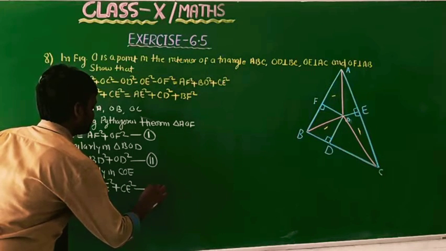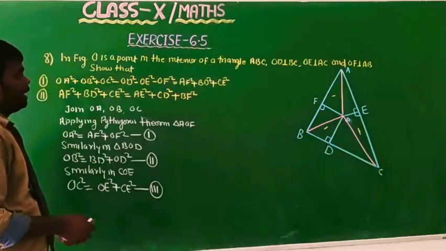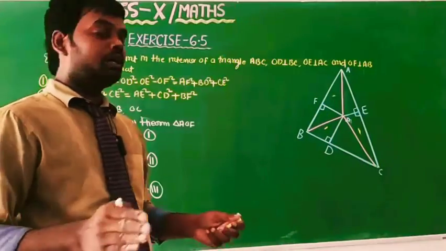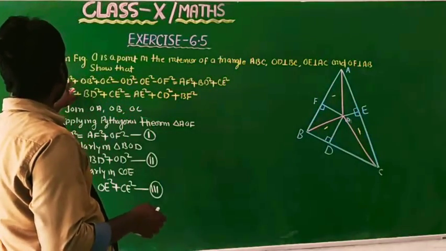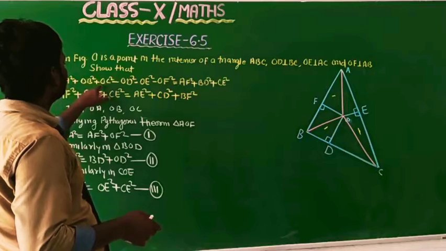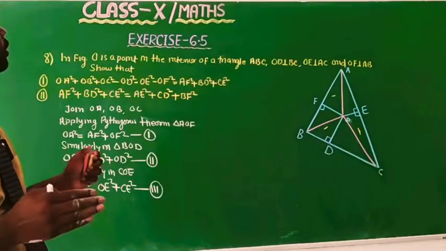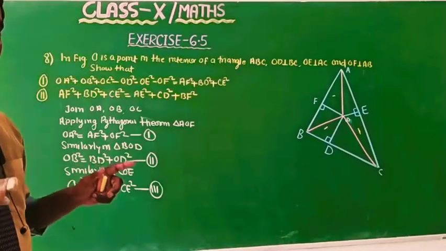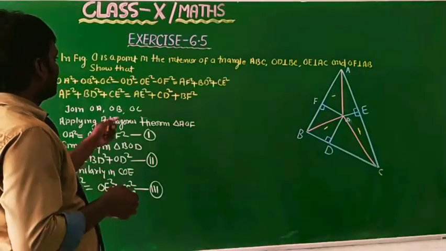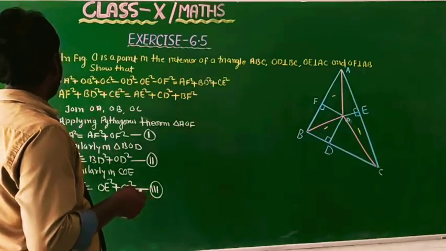Say equation 3. And now here we have to prove OA square plus OB square plus OC square minus OD square minus OE square minus OF square equal to AF square plus BD square plus CE square.